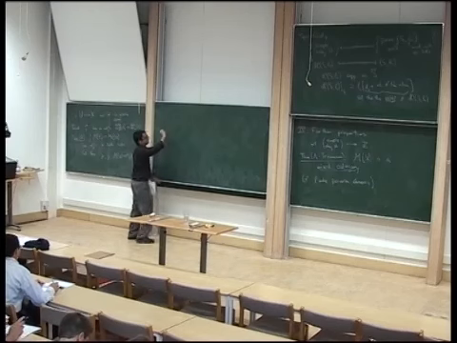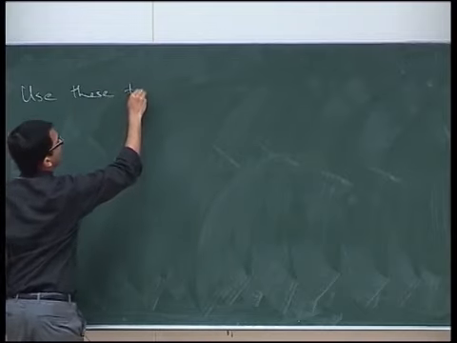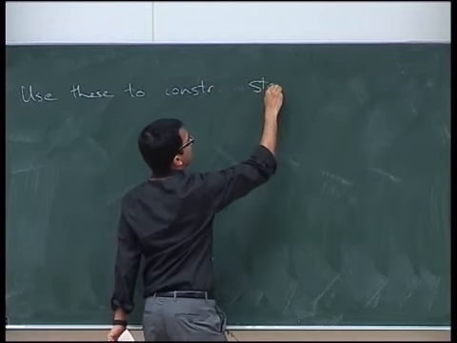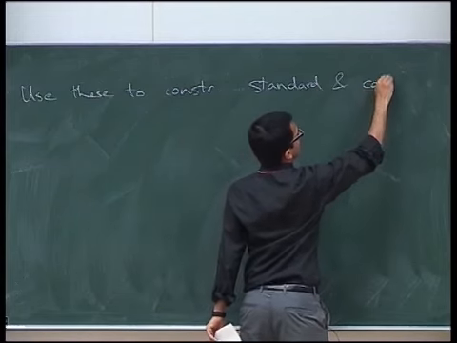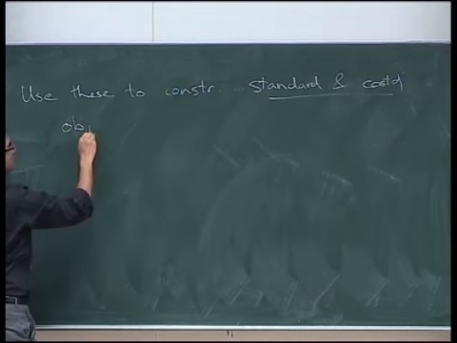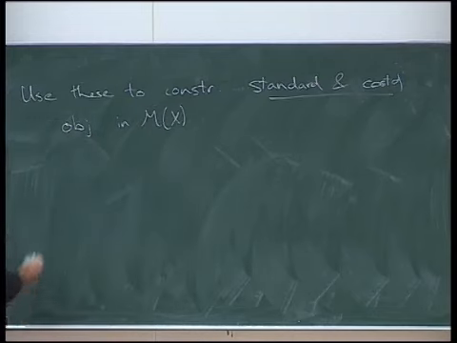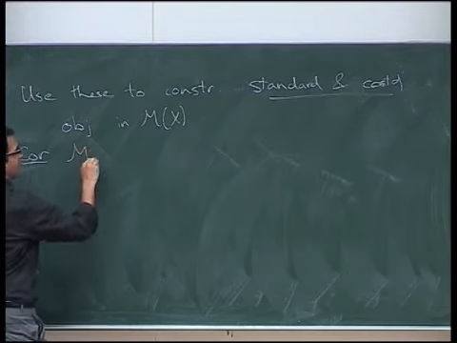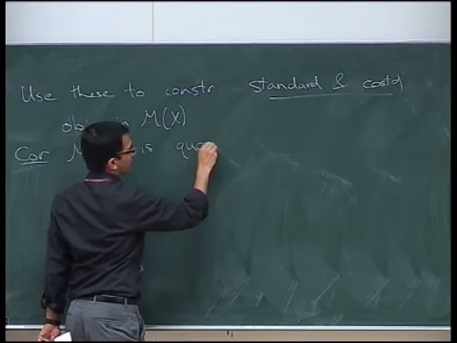In fact, you can use these to construct standard and co-standard objects in the category of staggered sheaves. So a corollary of the existence of these adjoints is that the category of staggered sheaves has the structure of a quasi-hereditary category.